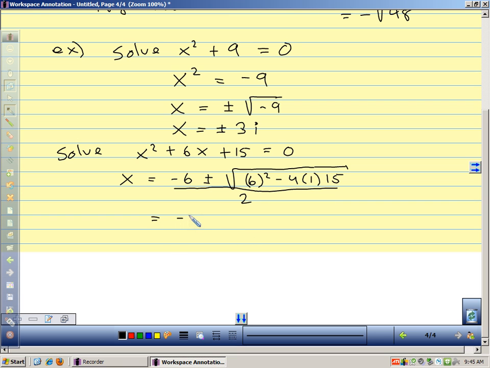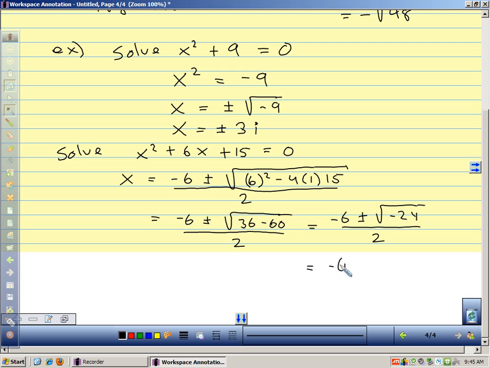So we get negative 6 plus or minus the square root of 36 minus 60, over 2, or negative 6 plus or minus the square root of negative 24, over 2. And this negative tells me I'm going to have an i, my imaginary number, involved here.